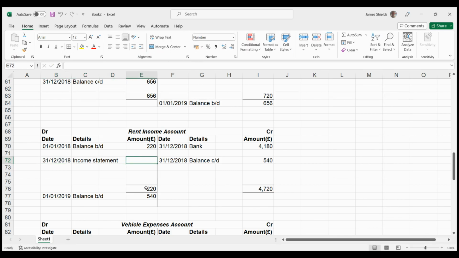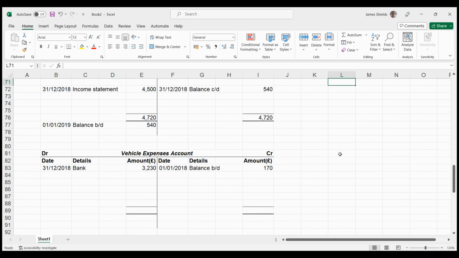So it's going to be the 4,720, which is the 4,180 plus the 540. Then we're going to take away the £220, which will give me a figure of £4,500. So that's the amount now which is going to go in our income statement. So now the debit side also totals £4,720. So the 31st of December 2018, the amount in the income statement will be £4,500.